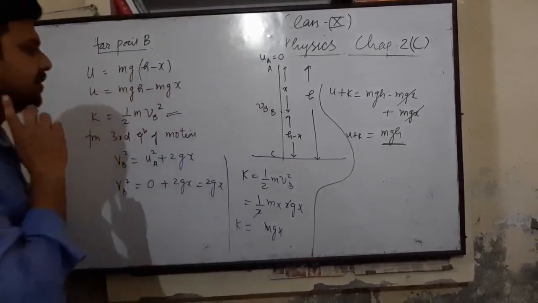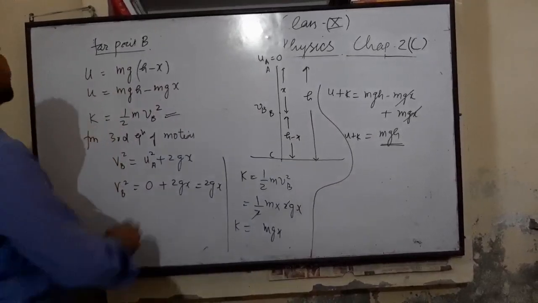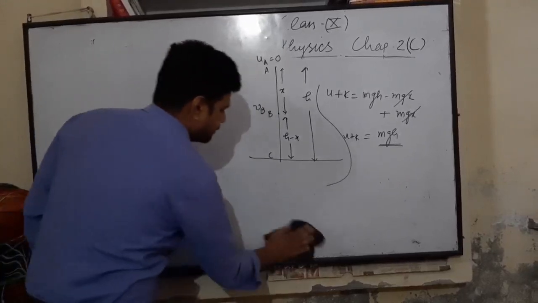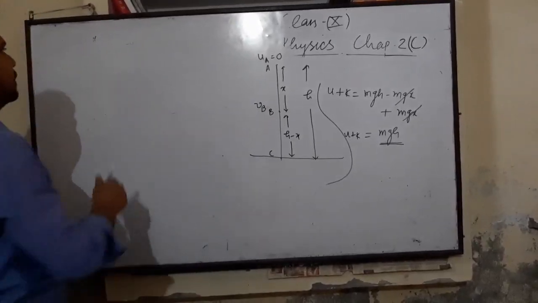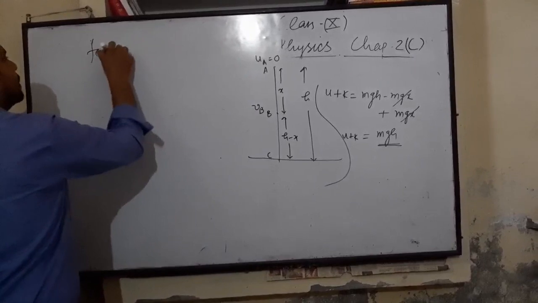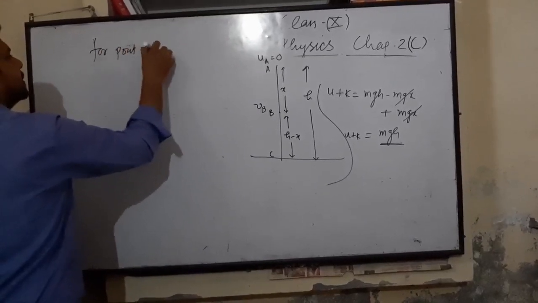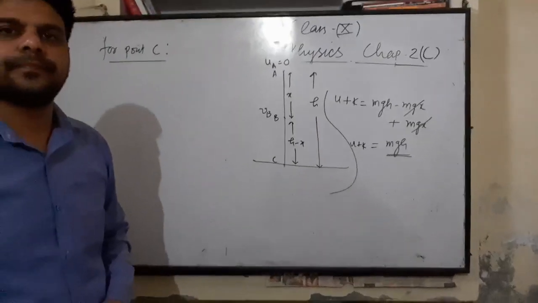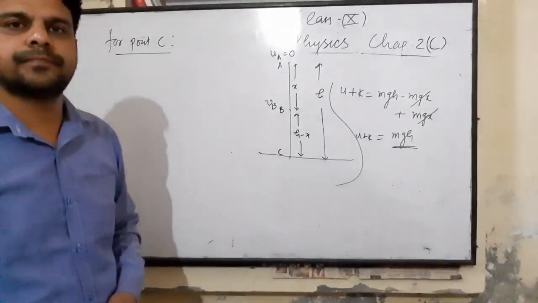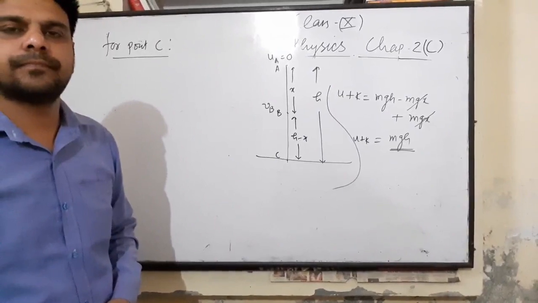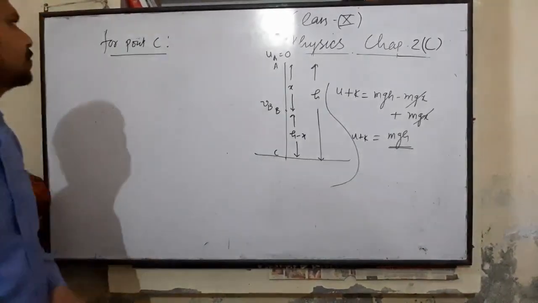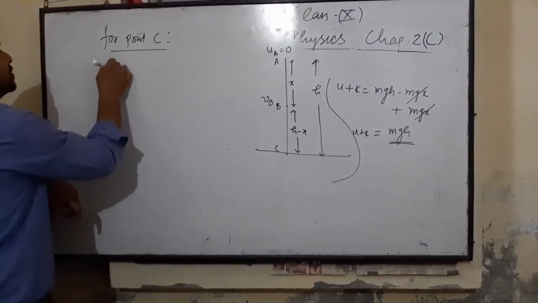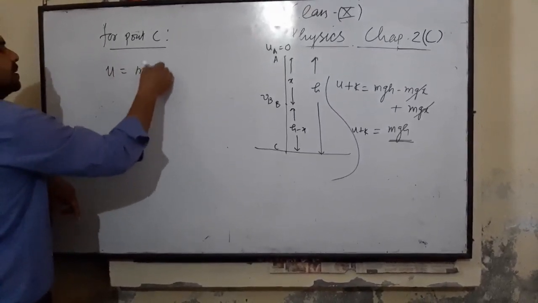Now we will proceed to point C. At point C, the potential energy U is equal to mgh.